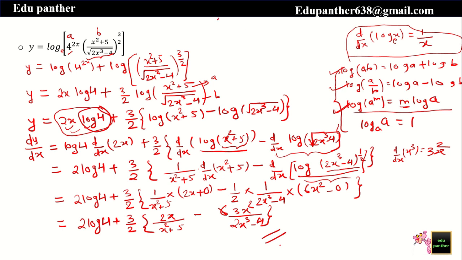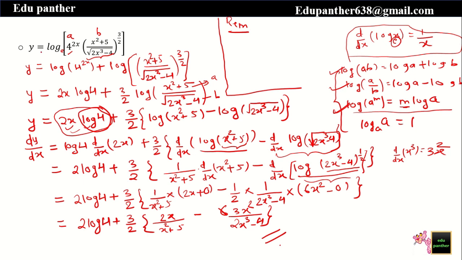So in this sum, what should we remember? If we have any log term in a question, first try to simplify the expression using these different properties of log. And remember one more thing, before applying the derivative formula for log, we have to see whether its base is the exponential e or not.